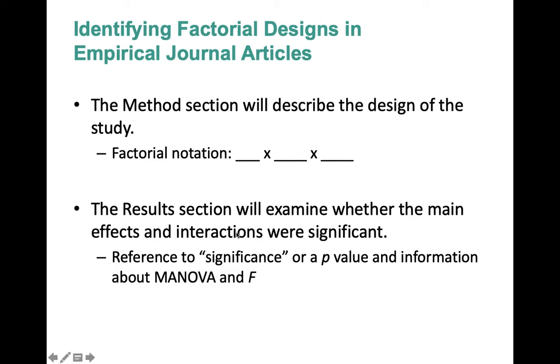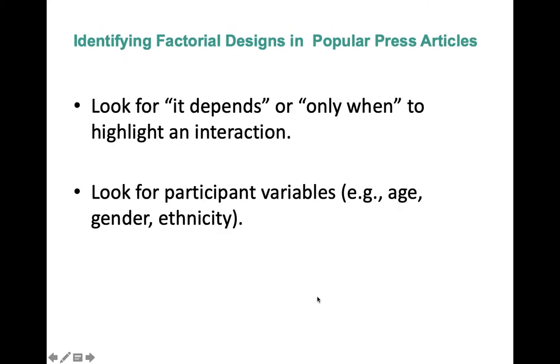I would say that when there is an interaction, the interactions are of primary interest because they will qualify the main effects. Okay, if that makes sense. The other thing to look for, less so in a peer-reviewed academic paper, but more so in a popular press article, is to look for language along the lines of it depends or only when.